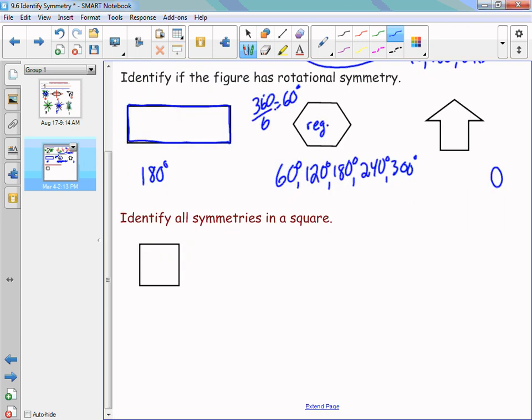Lastly, what I would like you to do is identify all symmetries. When they say all, they are looking for line and rotation.